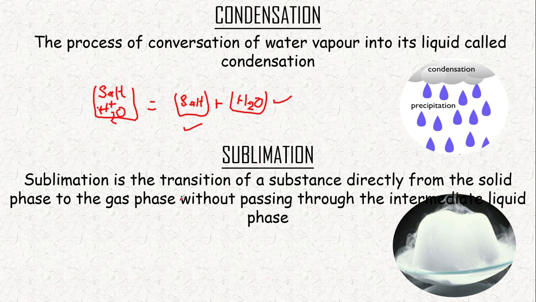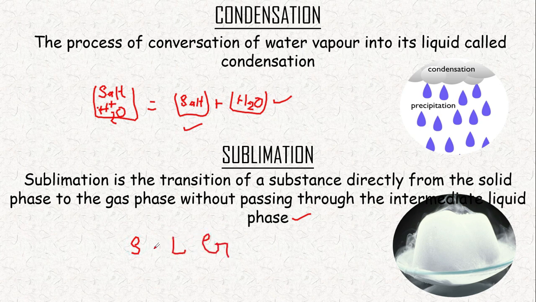Next, sublimation. Sublimation is the transition of a substance directly from the solid phase to the gas phase without passing through the intermediate liquid phase. I think you know the conversion of states: solid, liquid, gas.